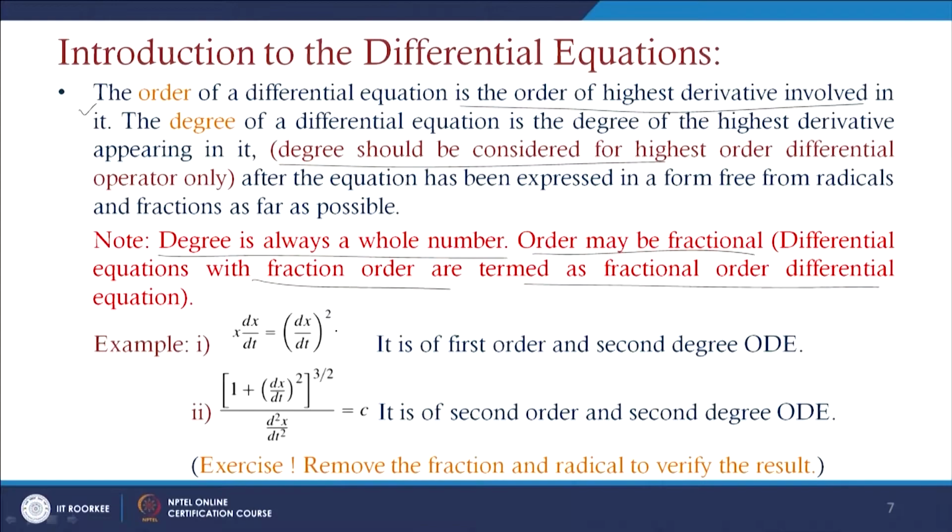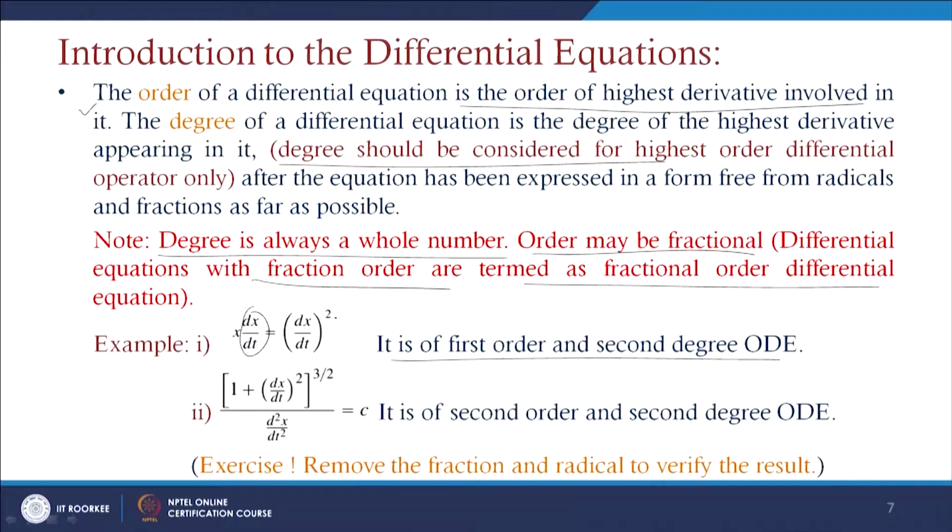If you just see here, it is a first order and second degree ODE. The order of this differential term is 1 here, and the order of the other term is 2. But it is called first order and second degree.